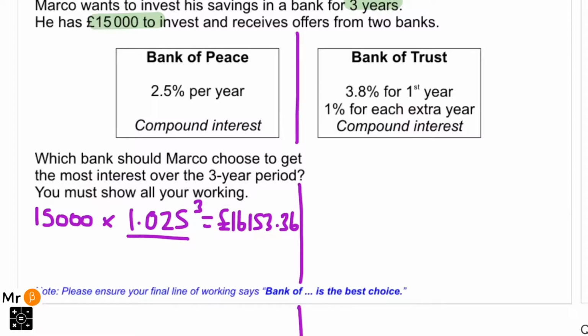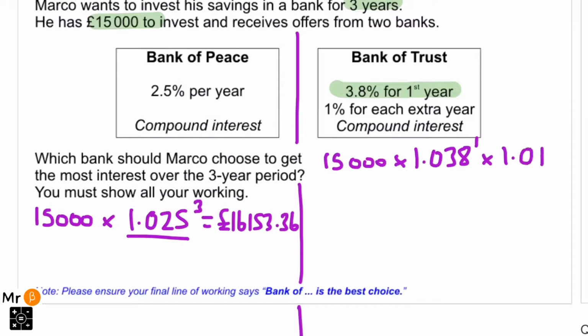Then if we have a look at our second question, this one is slightly different. So again, we start with our 15,000. So for your first year, you are getting 3.8%. Again, if you add that to your 100% bar, that is 103.8%, which as a decimal is 1.038. We raise it to the power of 1, but you don't have to type that 1 in. Then it tells you you would get 1% for each extra year.